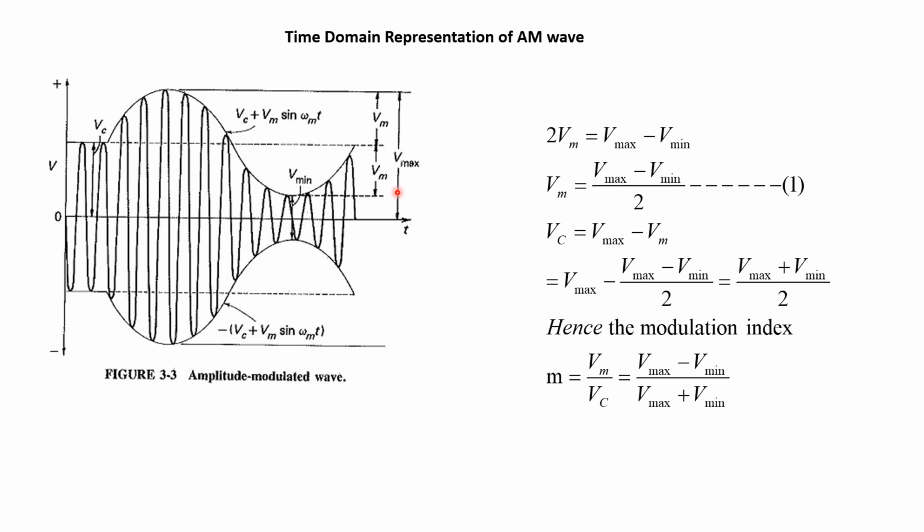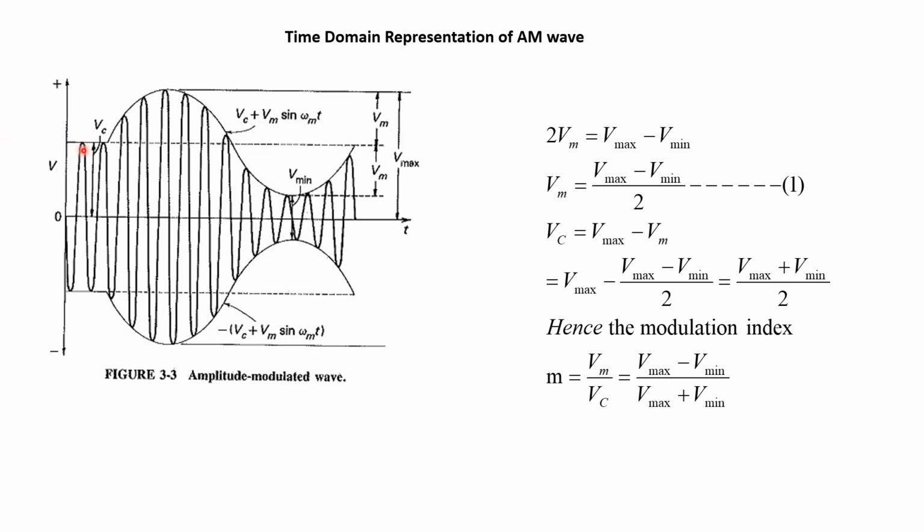V maximum is the maximum value of the amplitude modulated wave, V minimum is the minimum value of the amplitude modulated wave, and Vm, as we know, is the amplitude of the simple modulating signal. So from this figure we can make out that V maximum minus V minimum is 2 times Vm, or Vm is equal to (V maximum minus V minimum) divided by 2. This is equation number 1.